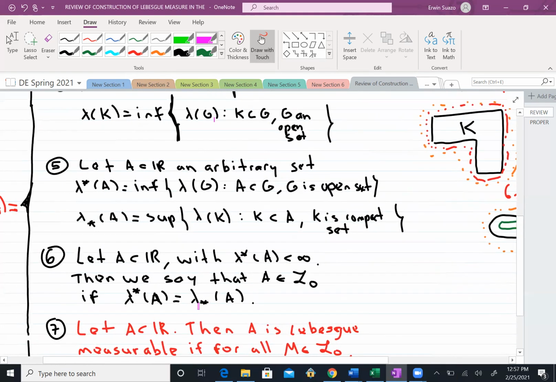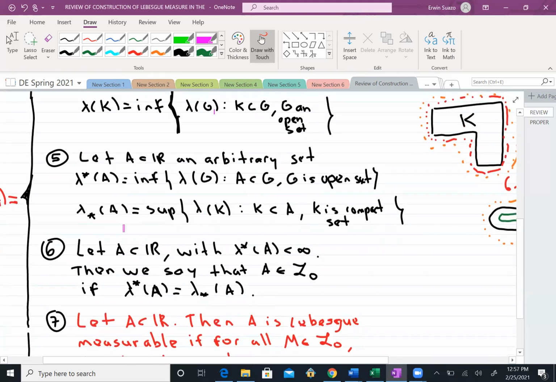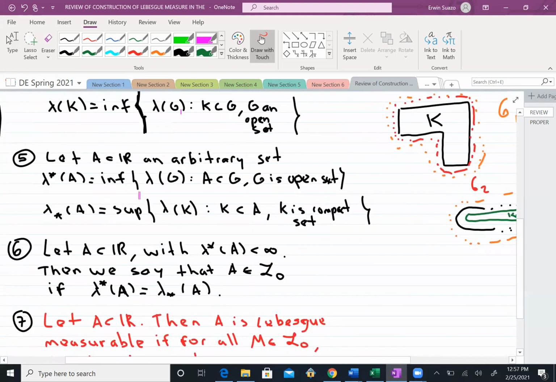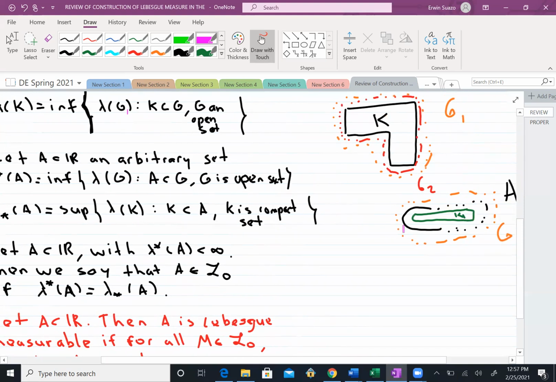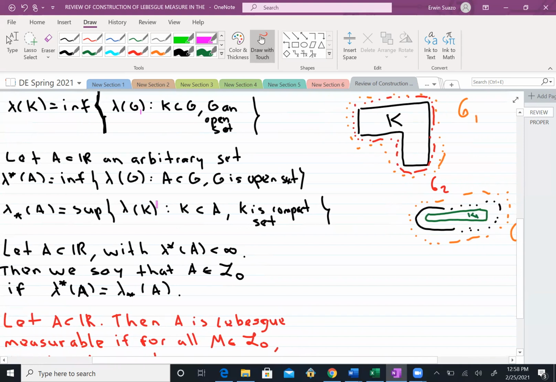Then the next step, inspired by these two, measuring a set from the inside and measuring a compact set from the outside, we define outer measure and inner measure. The outer measure is going to be the inf of the Lebesgue measures of the open sets that contain A. And this A is any set, it's not just compact.